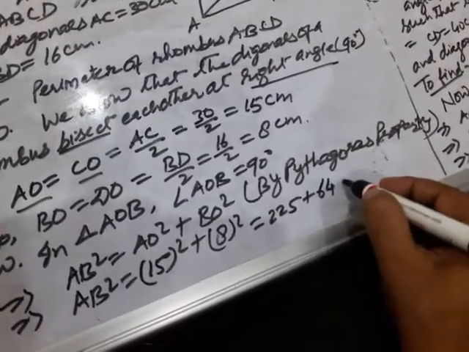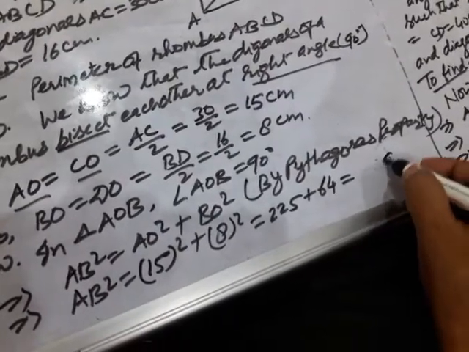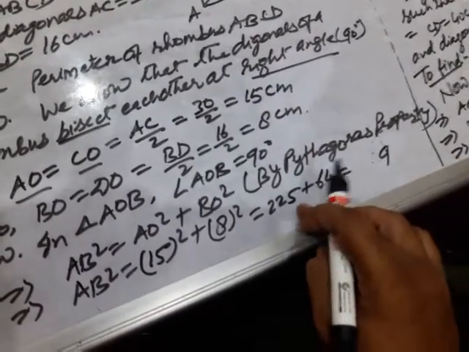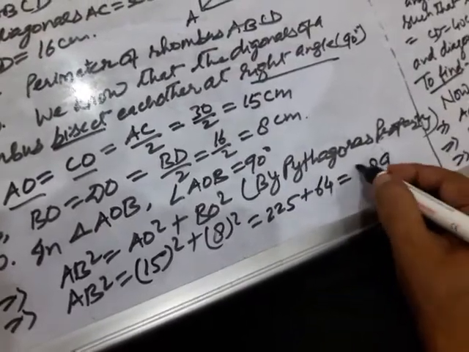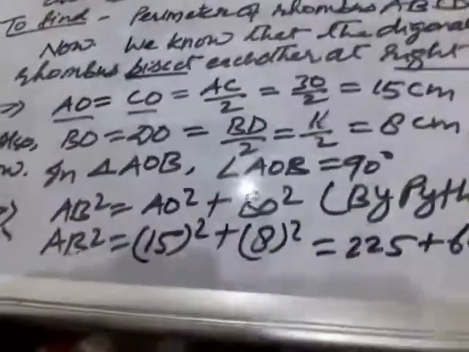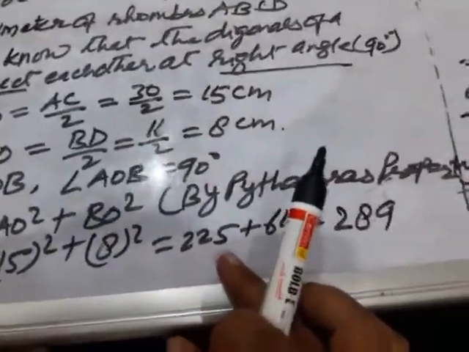So AB square equal to 15 square plus 8 square, equal to 225 plus 64, equal to 289.